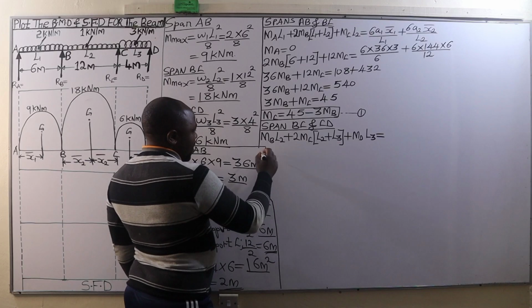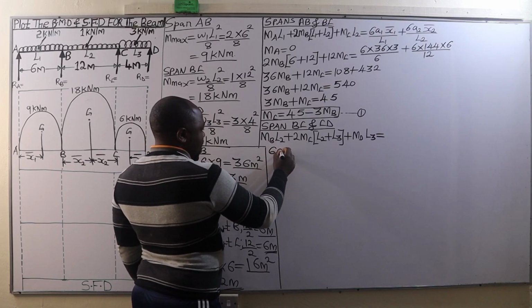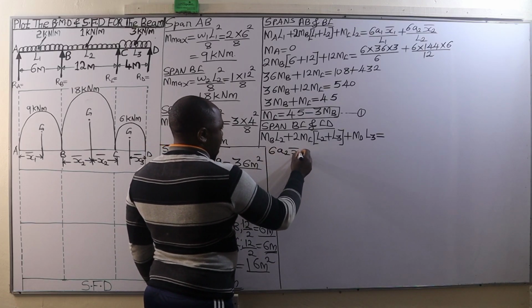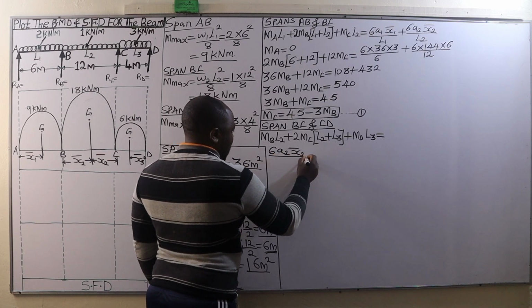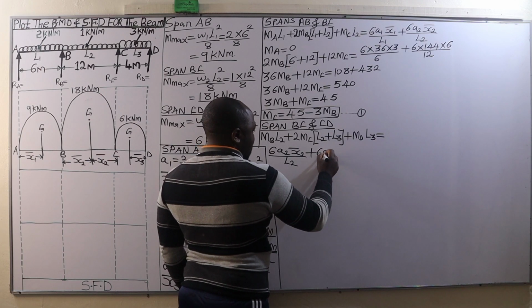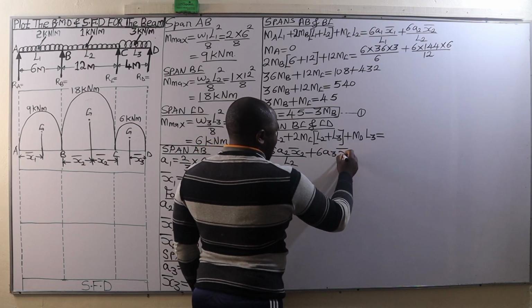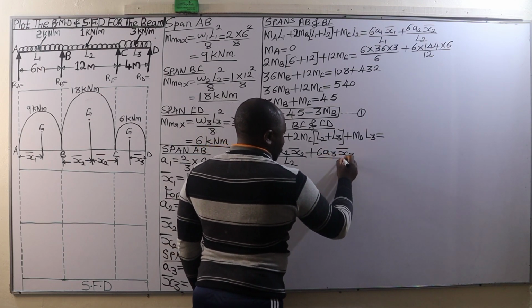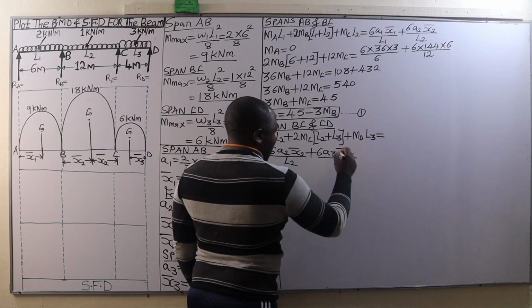That will be given by, let me write it down here, 6A2 bar x2 divided by L2, plus 6A3 bar x3 divided by L3.